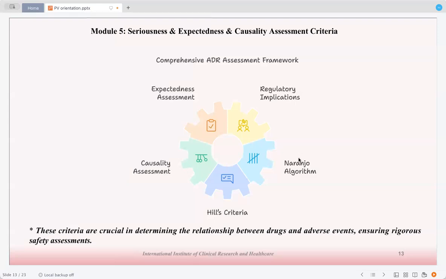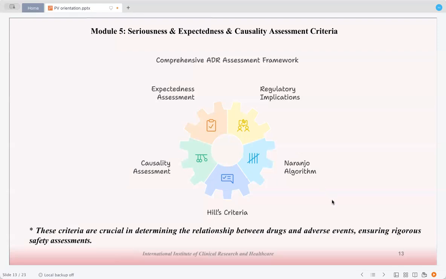Hill's criteria include factors like strength of association, consistency, specificity, and temporality to assess the causality between the exposure, that is the drug, and the adverse event. So it assesses the association between the exposure and the event and the outcome.